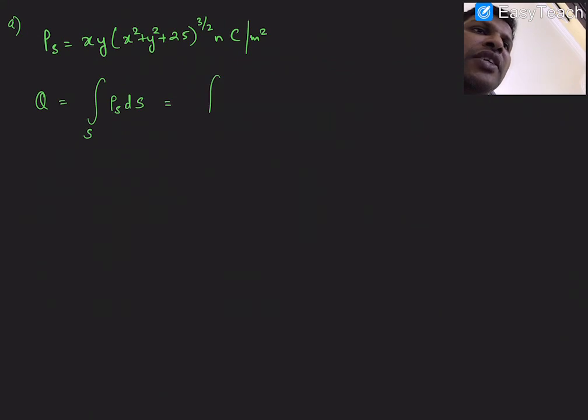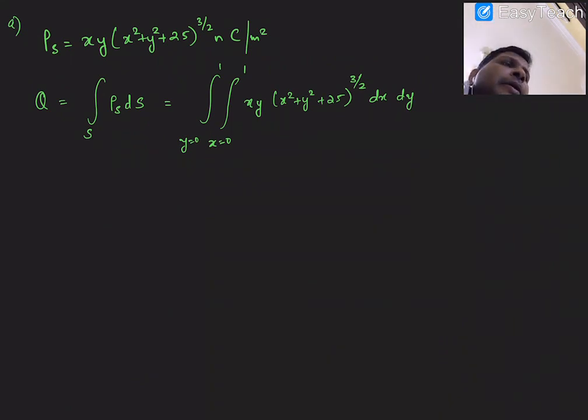So the area is given as x changes from 0 to 1, and y changes from 0 to 1. Then the integral of xy into (x square plus y square plus 25) whole power 3 by 2, dx dy.